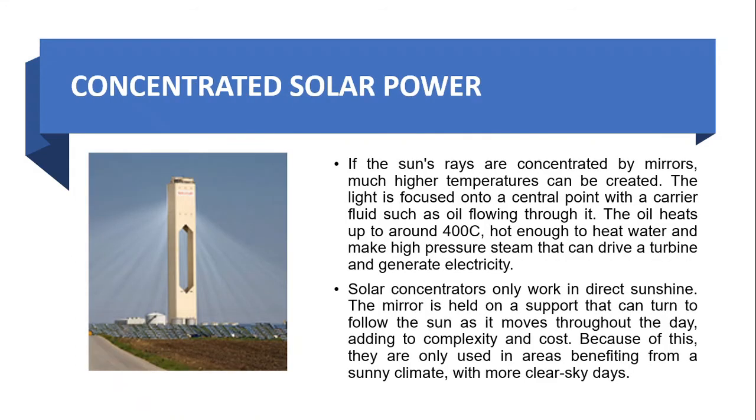Then another technique that we use is concentrated solar power. The technique is that we concentrate the sunlight with mirrors, and this sunlight is going to create a very high temperature. This light is focused onto a central point with a carrier fluid such as oil flowing through it.